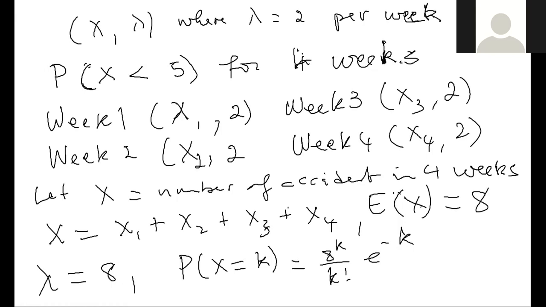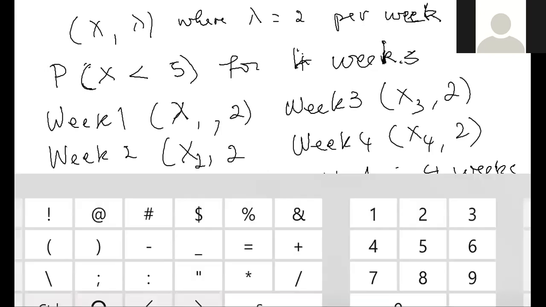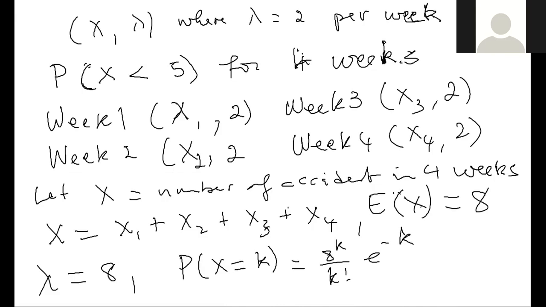So here we have 8. The average rate is 8, and we have x equals 5. What I'm doing here is using a Poisson distribution calculator from Google, but your TI-83 can do that too.